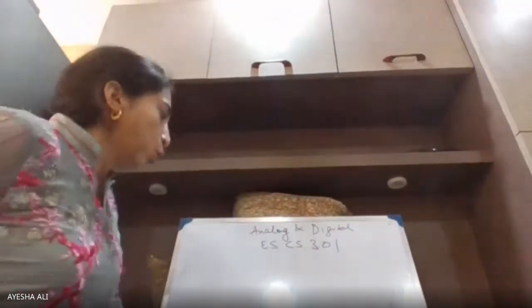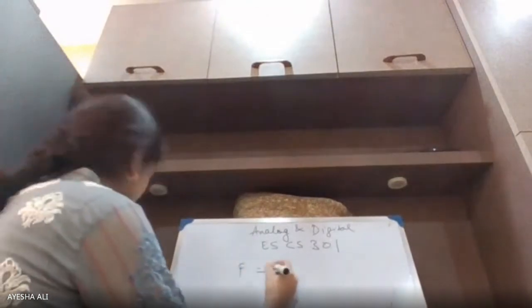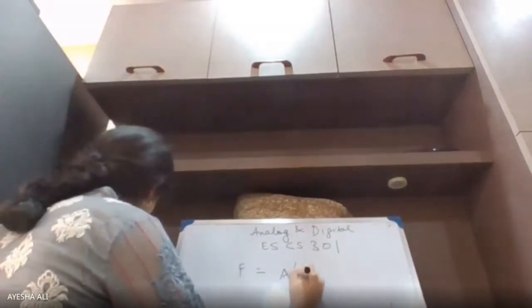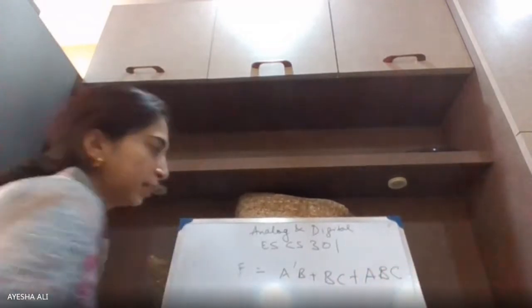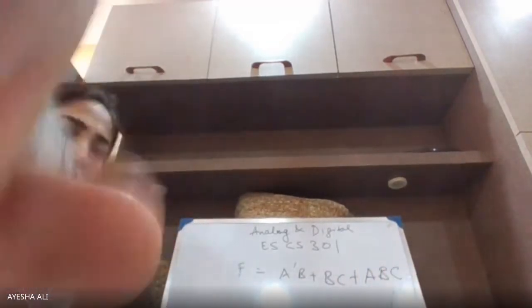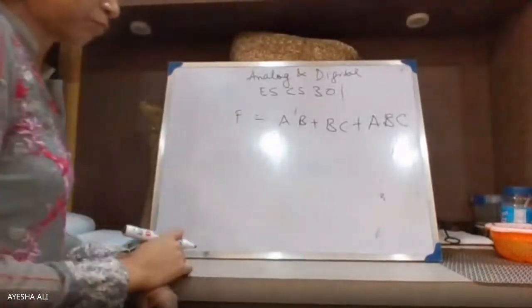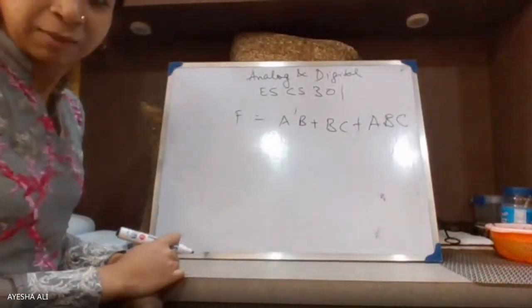Now, what are these Boolean laws? Suppose I have a logical expression which looks like this. This is my logical expression. Now, in this logical expression, how many gates am I using?